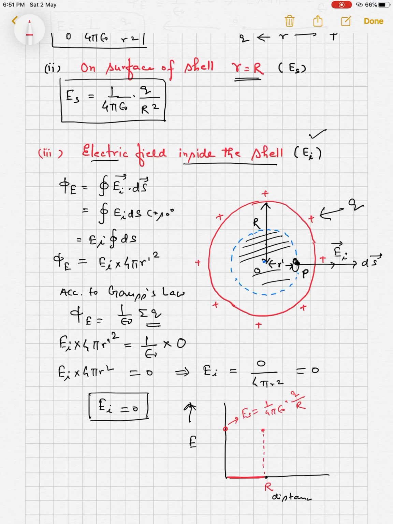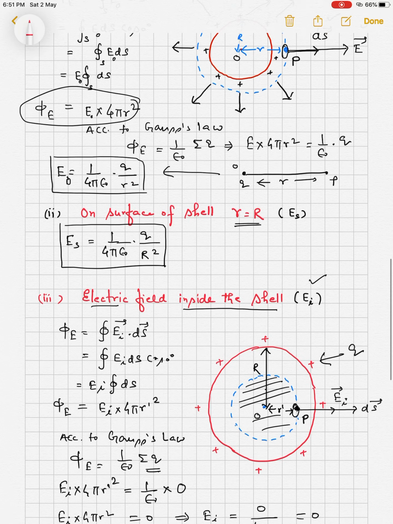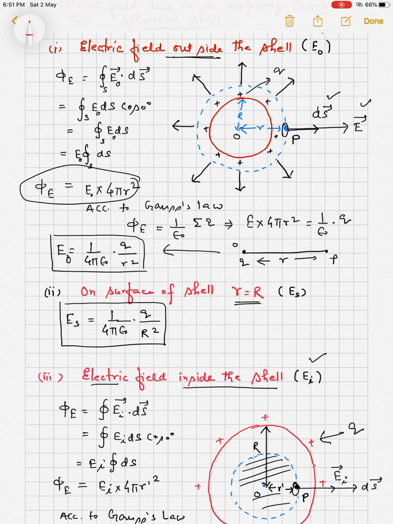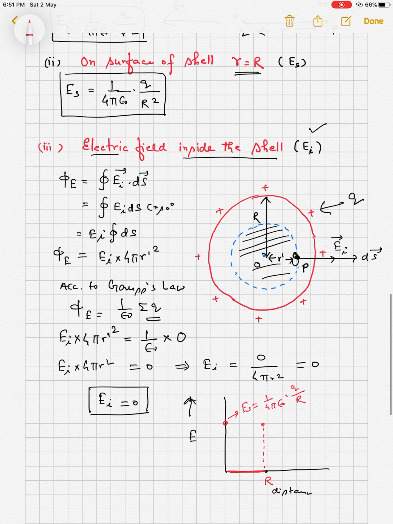And as we go outside the cell, the case is E outside, 1 upon 4 pi epsilon naught q by r square. So the graph will be like this. This is for r greater than R. Here this is E outside proportional to 1 upon r square, and here this is E inside.